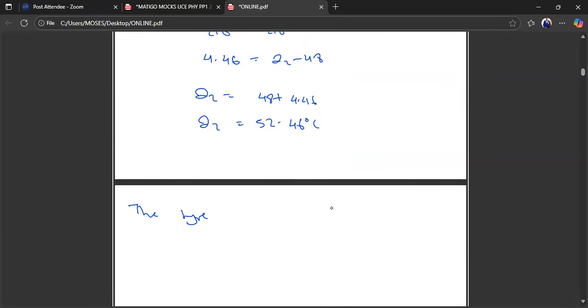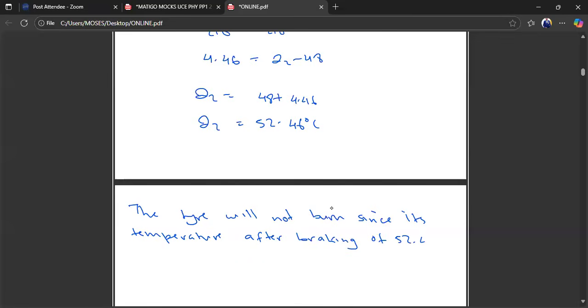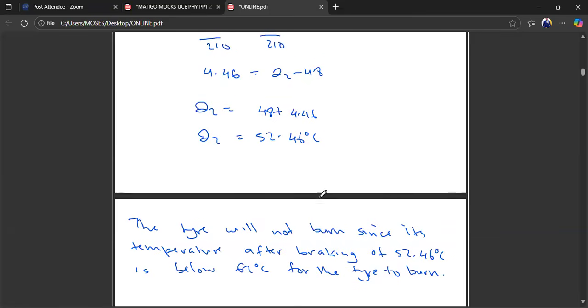Now we come and say the tire will not burn since its temperature after braking of 52.46 degrees is below 62 degrees Celsius for the tire to burn.